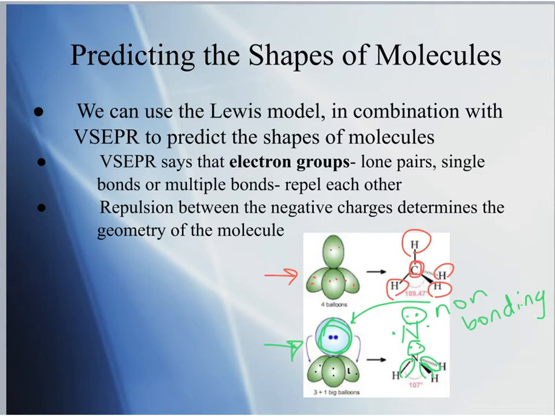And that's because the non-bonding pair actually takes up more space. They kind of hog more space around the central atom than the other electrons. So that's why we see that this angle is a little bit less than the other one, with that 4th hydrogen up on top instead of a non-bonding pair.